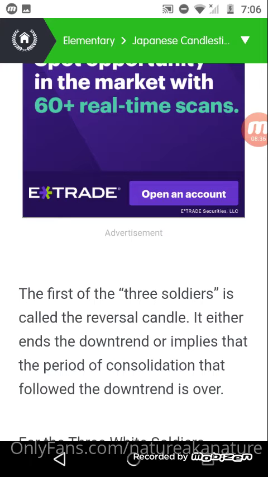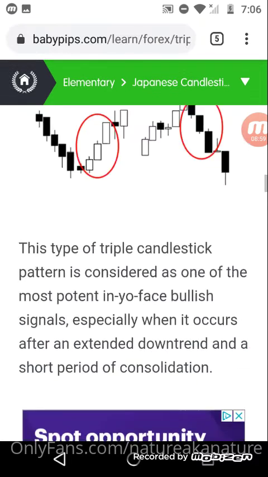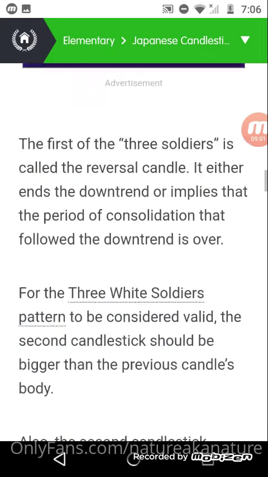So you're always going to see the three soldiers at the end of a downtrend. It's a reversal pattern that signals the downtrend is ending in a reversal candle, meaning that the downtrend is over and wants to reverse back up.